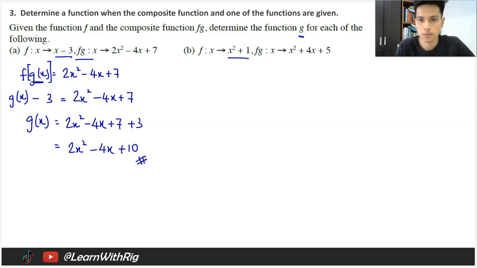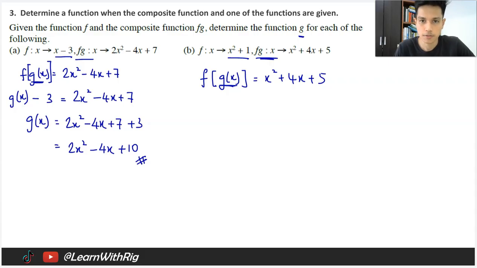Let's look at the next question. f(x) is x squared plus 1, and they gave you fg(x). Okay, so same thing. They want you to find g(x). So fg(x) is equal to x squared plus 4x plus 5. They want you to find g(x), so you have to substitute g(x) into f(x).